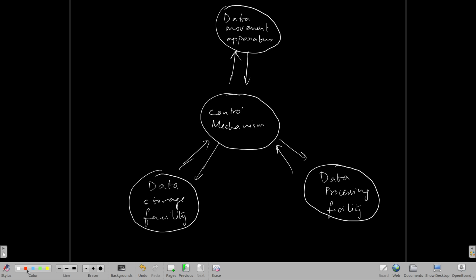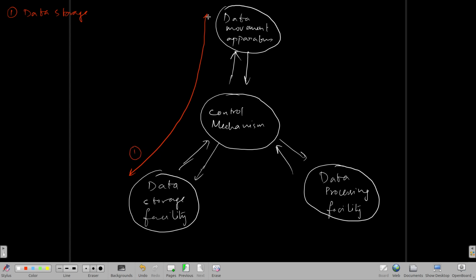Okay, now the first function that I want to talk about is the data storage. Okay, that is number 1. What is happening here?